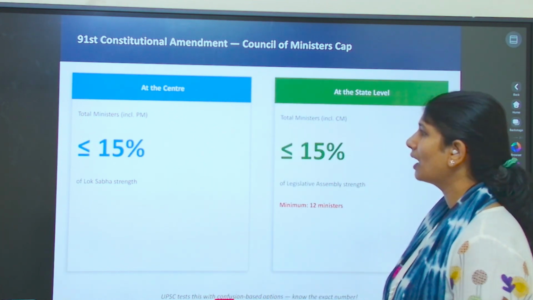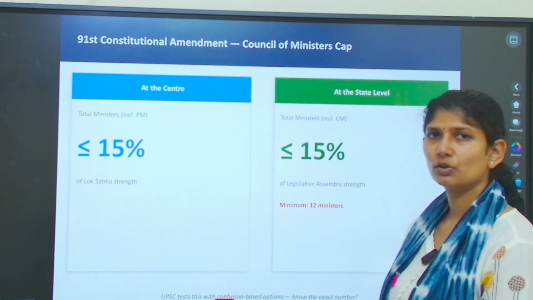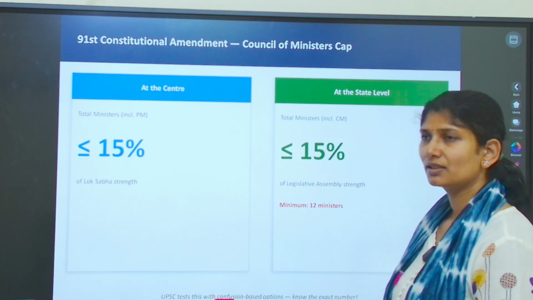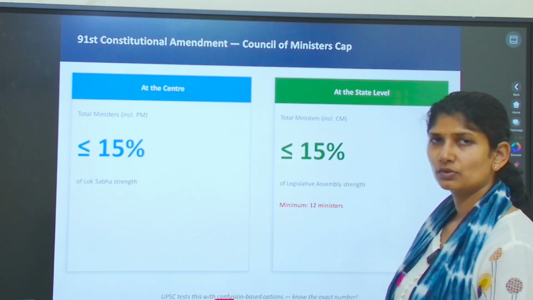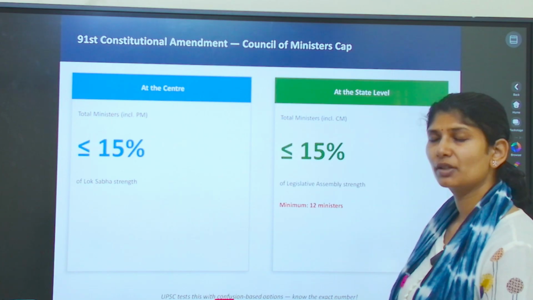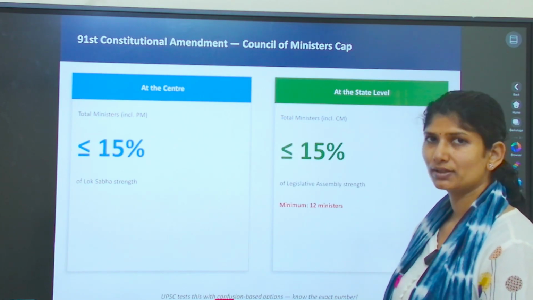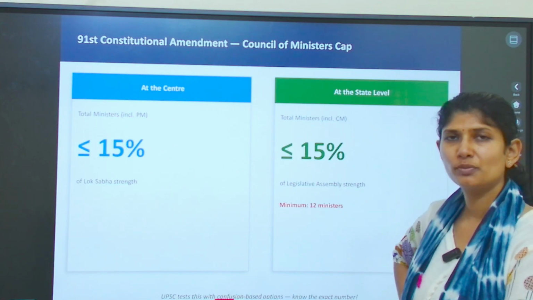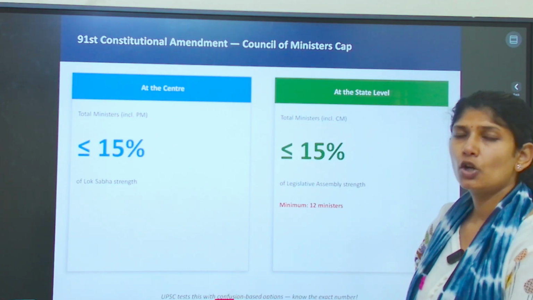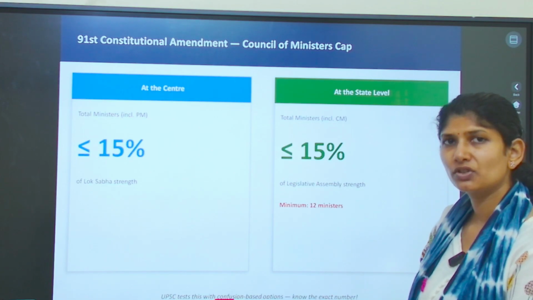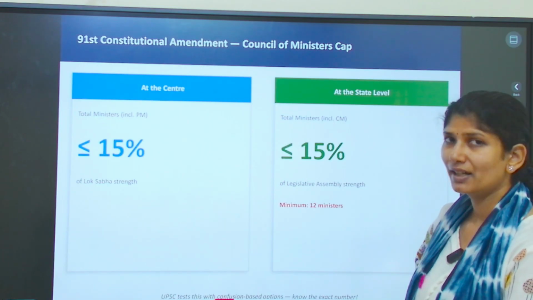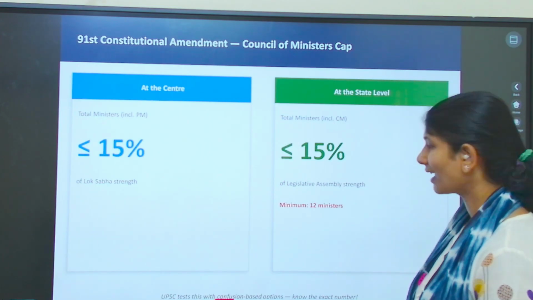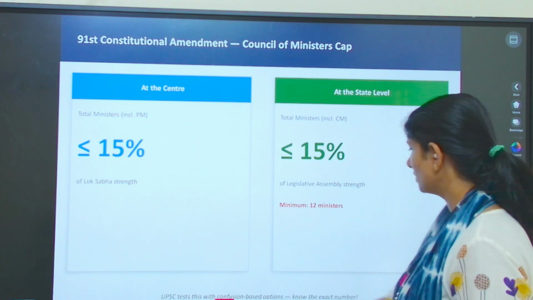So at the center, total ministers, including the prime minister, should not exceed 15% of the strength of the Lok Sabha. At the state, the total number of council of ministers, including the chief minister, should not exceed 15% of the total strength of the respective state legislative assembly. Understanding?